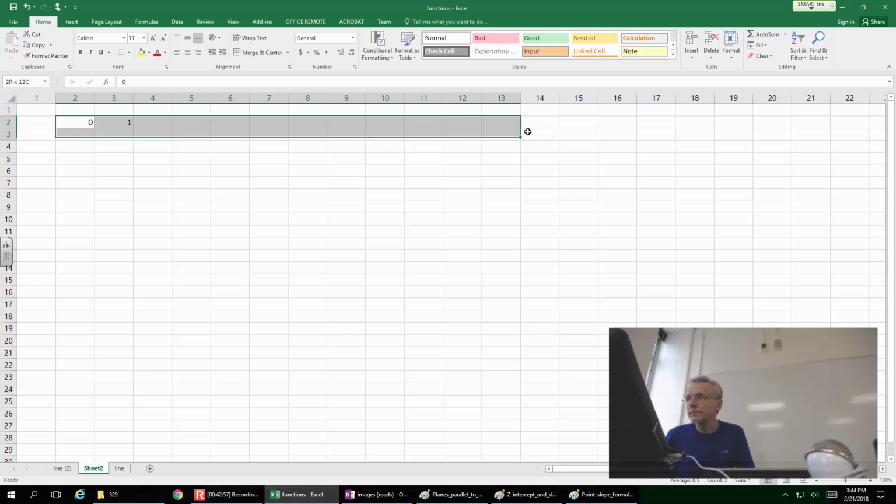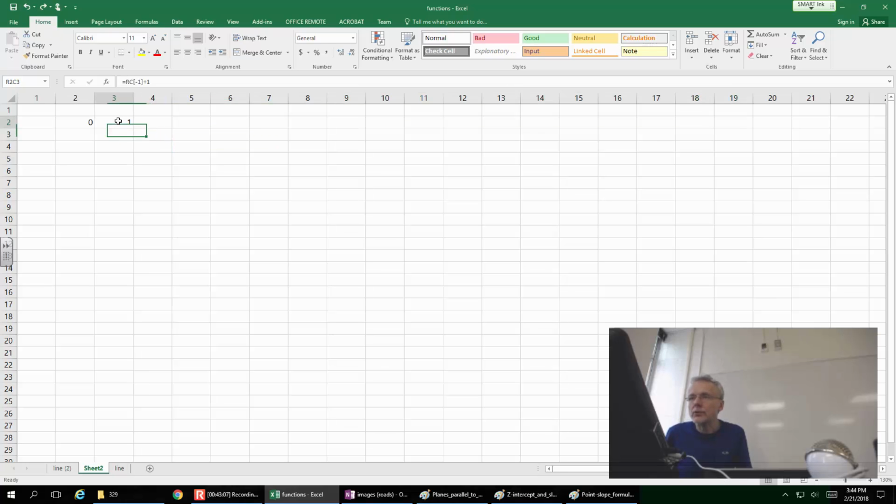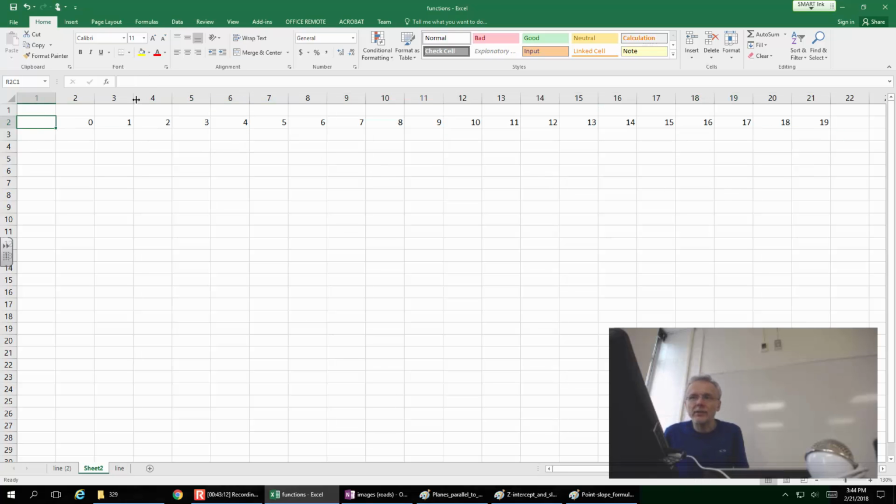I'll do just 20, which should be enough. The x's go to the right and the y's go to the bottom. Once again I start with 0 and progress one at a time, plus 1. So these are my y's.